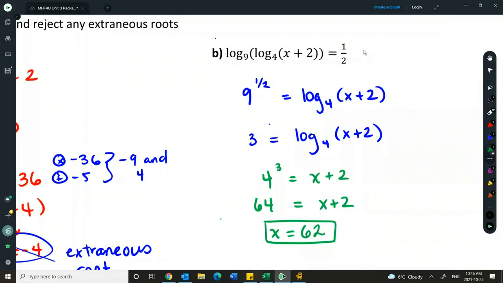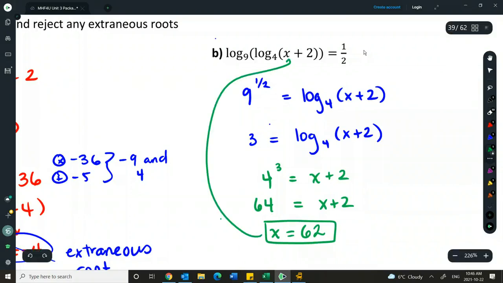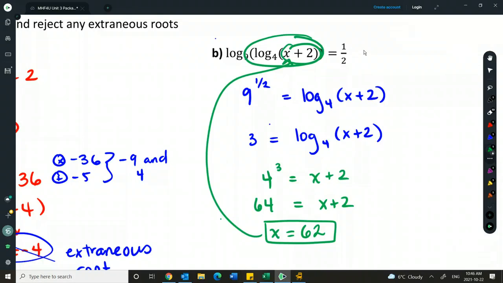Okay, we need to double check by subbing back in. We need to make sure that we don't take the log of a negative here, but also, once we calculate, we don't want to take the log of a negative here either.